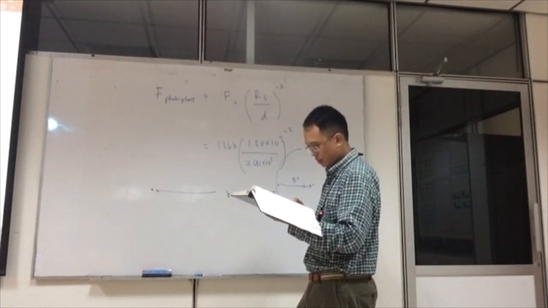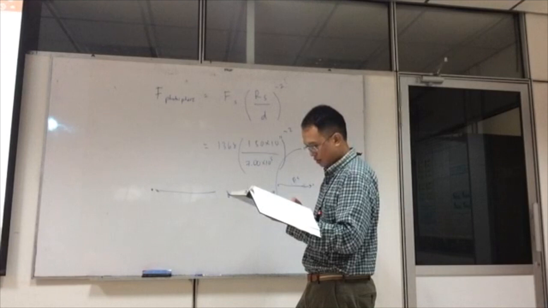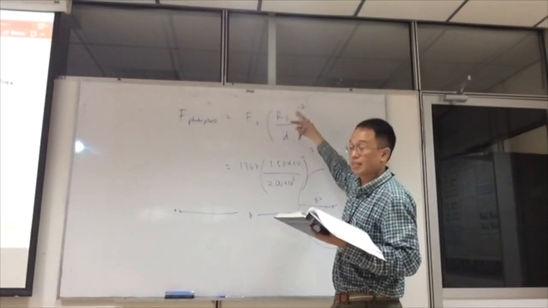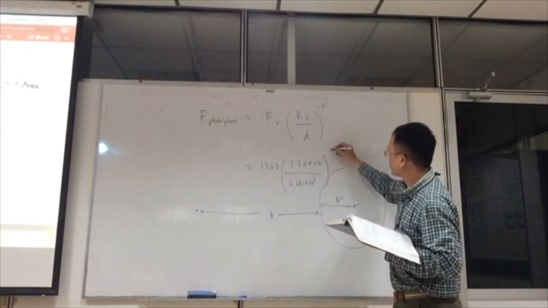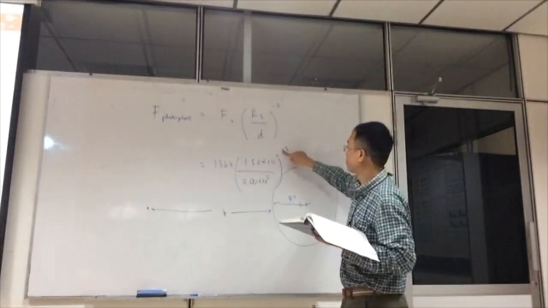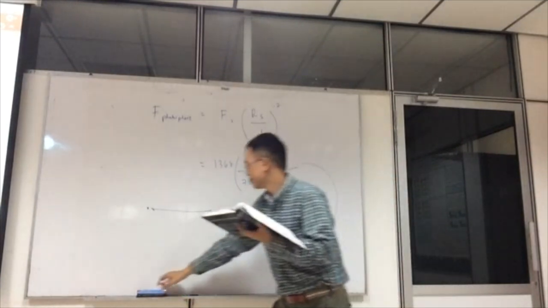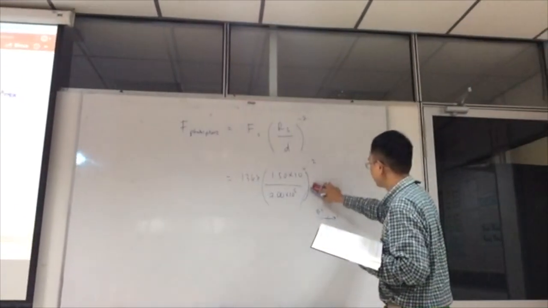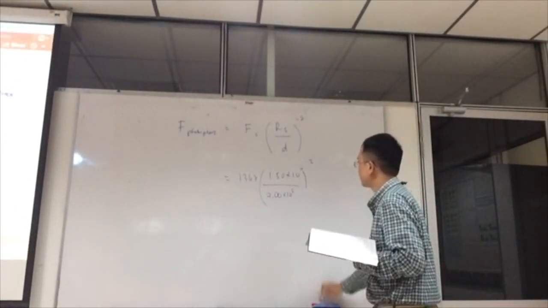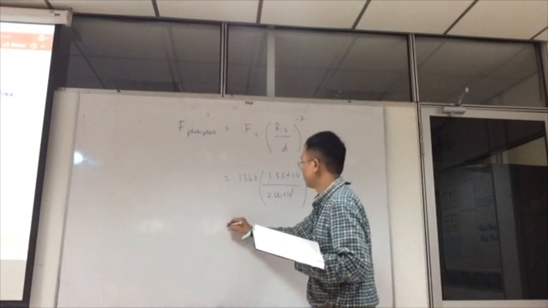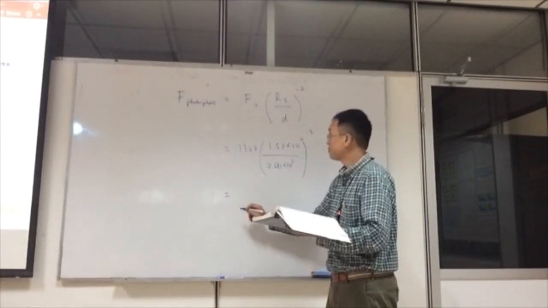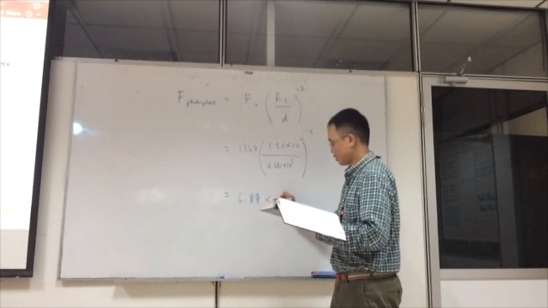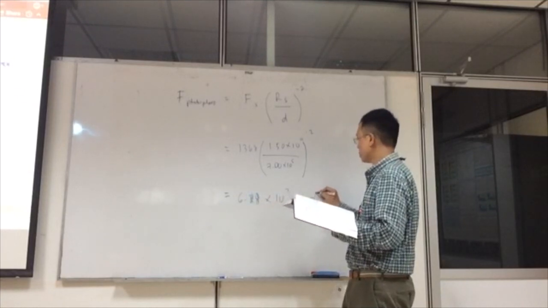Oh, no, this is the same. It's just that it's inverse. If you want it to be -2, then it will just be the other way around. And you should get 6.8728 times 10 to the power of 7 watt per meter square.